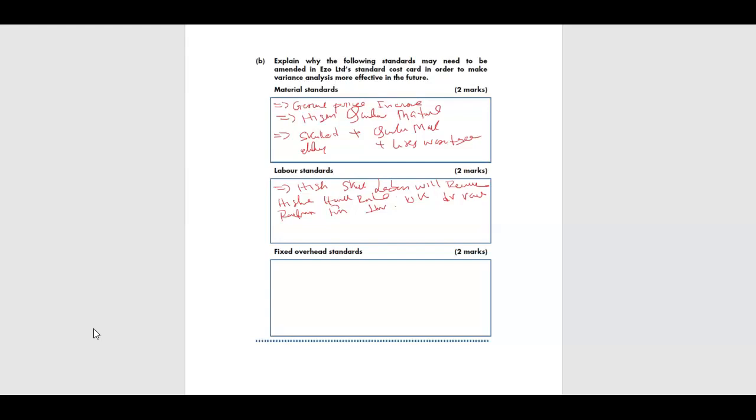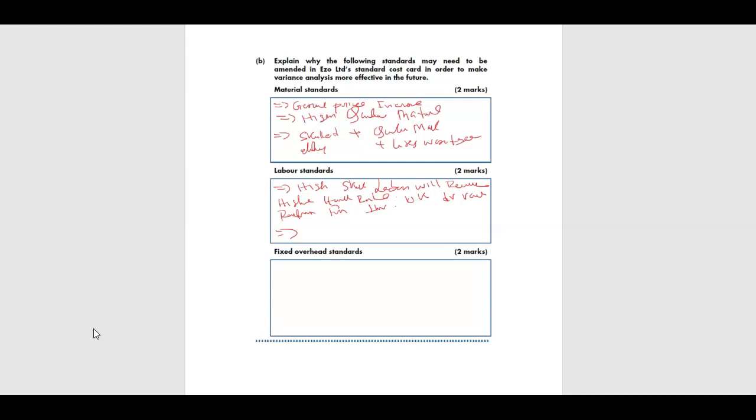Number 2, the favorable efficiency variance, that is 10,000. What could be the reason for that? Basically, if we have skilled labor, they will work more efficiently and be capable of producing more components per hour. They may also be highly motivated as they have been recruited into the new roles, and this would lead to a favorable efficiency variance, that is 10,000.